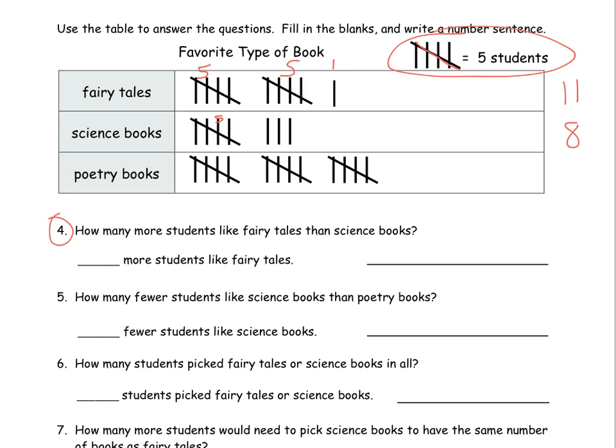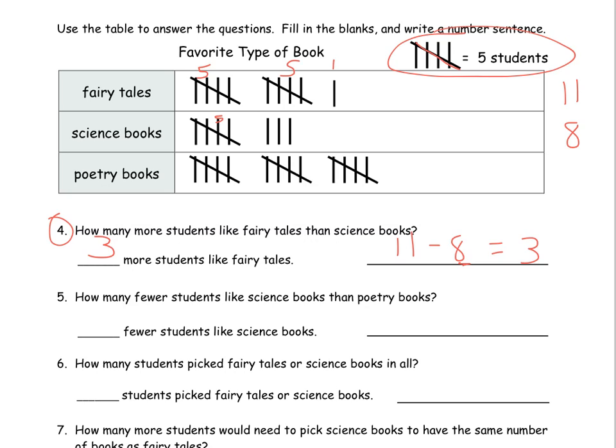And I know if I'm trying to find out how many more or how many less or how many fewer, I'm going to subtract those two. And I'll get 3. And I can subtract that, or I can count on from 8 to get myself up to 11. That helps me with the strategy too. So there are 3 more students who like fairy tales than science books.